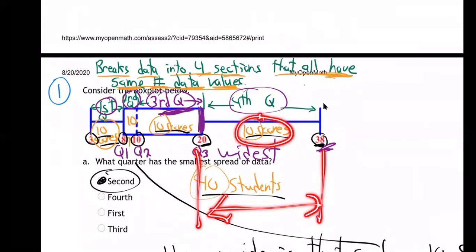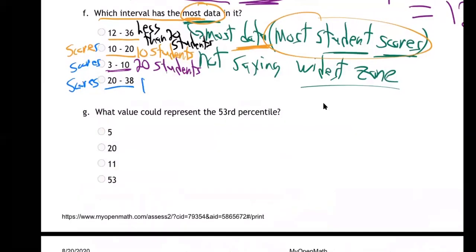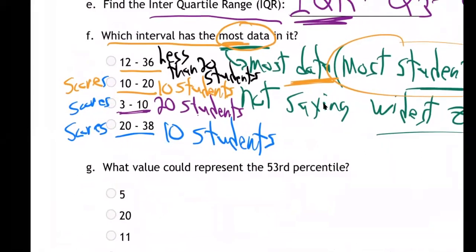That's exactly one quarter between 20 and 38. So 10 students must be in that zone. Now we're ready to answer the question. Which of those 4 sections has the most students in it?